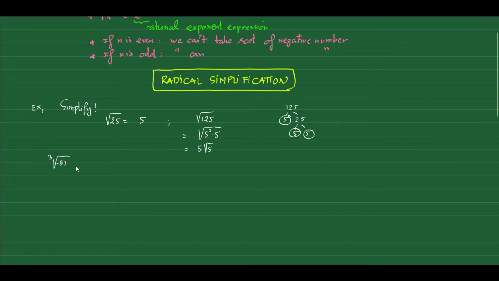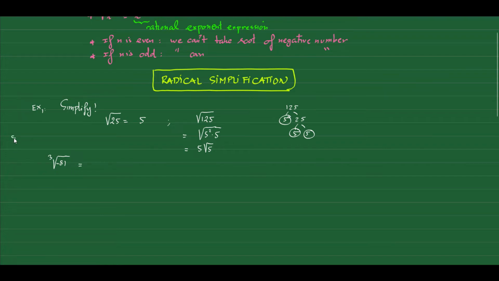In order to get this, we're going to rewrite it in the form of a third exponent. For the square root we wrote it in the form of a second exponent, and for the third root we write it in the form of a third exponent.